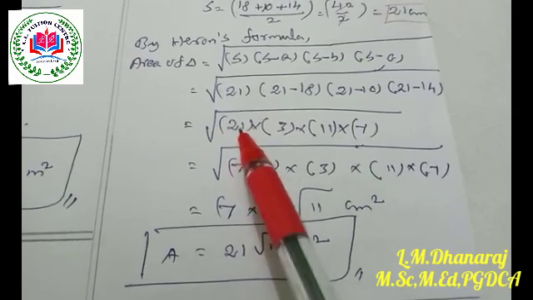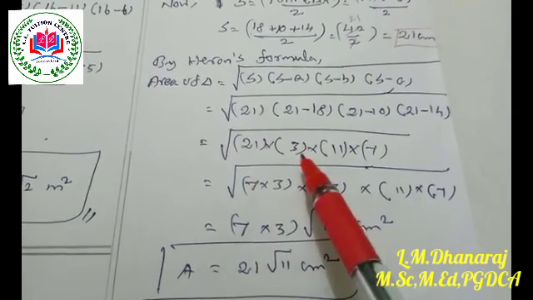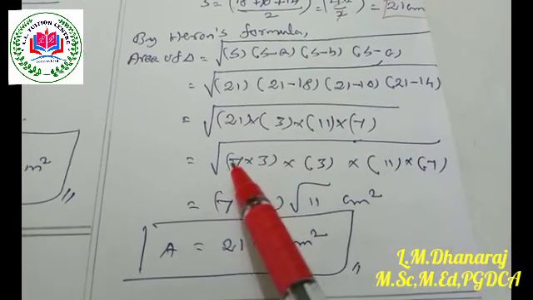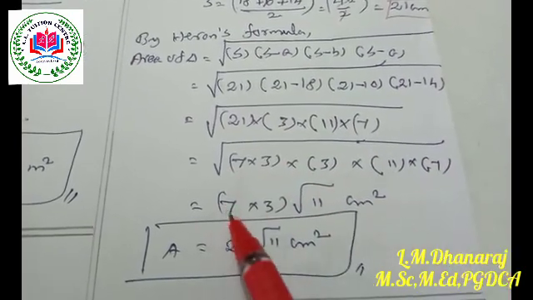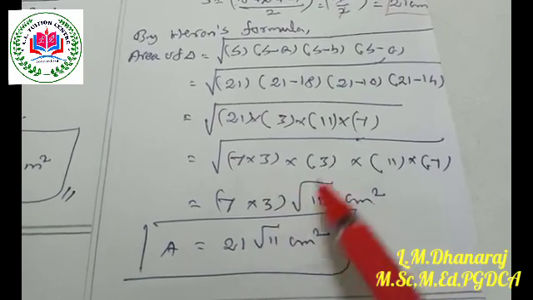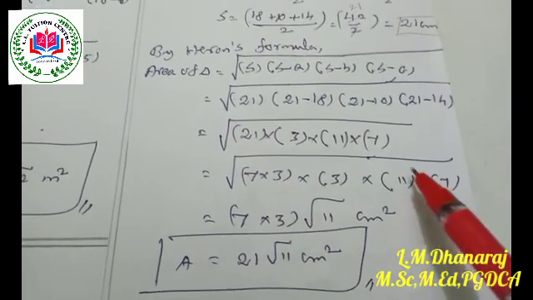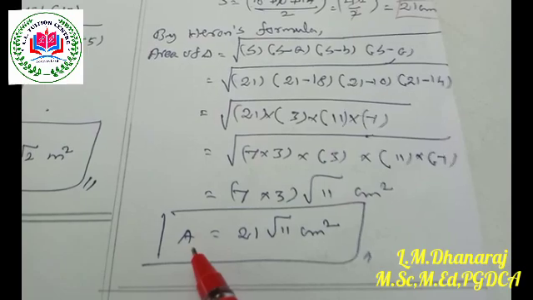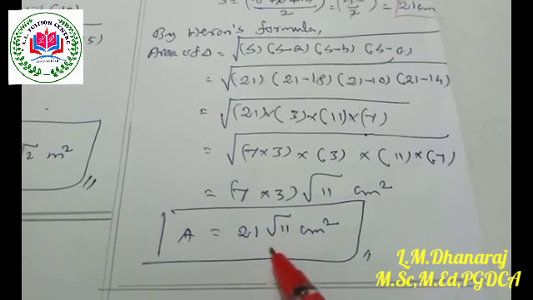This 21 can be split as 7 into 3. Let the 3 remain as it is, 11 also and 7 also. Now there are two 7s, so one 7 can be taken out. There are two 3s, one 3 can be taken out. Now this 11 is unpaired, so let it remain inside the square root itself. So the area to be painted is 21 square root of 11 centimeter square.